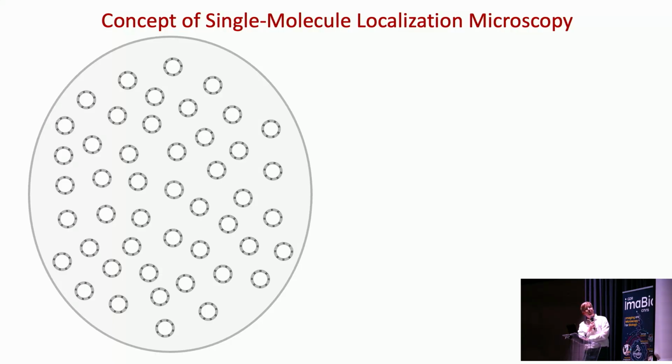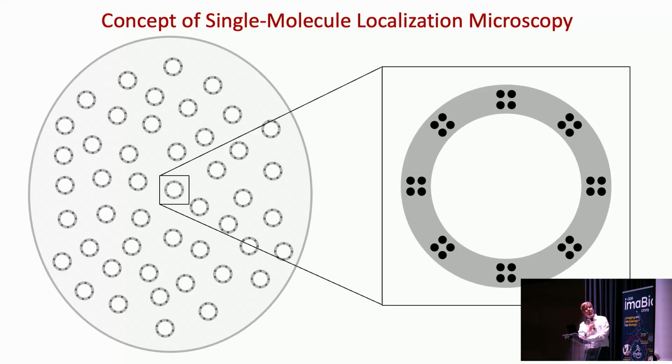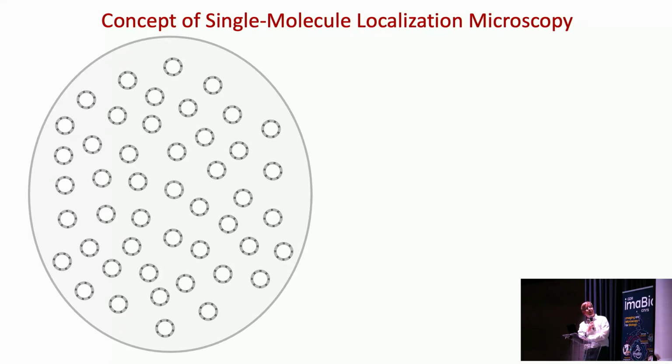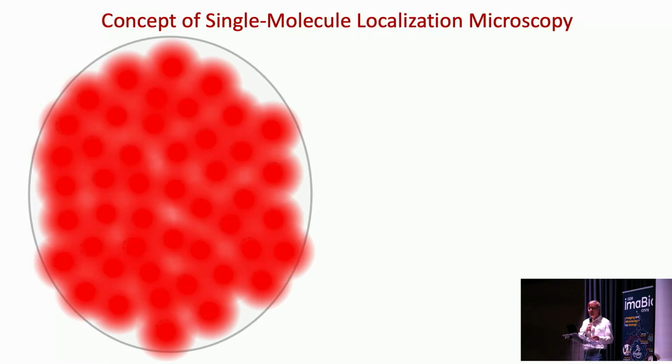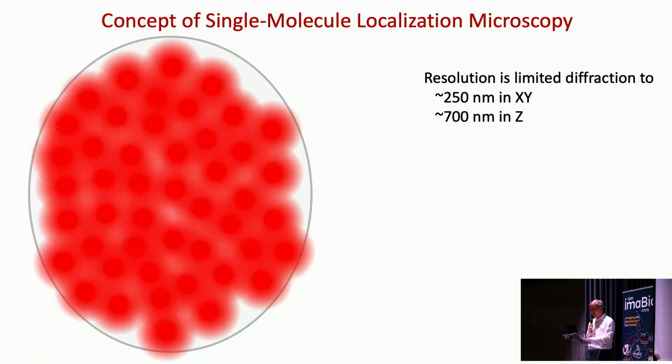If you image this with a diffraction limited microscope, each nuclear pore complex has 32 copies of this labeled nuclear pore complex protein. If you image them all at the same time, they blur into each other. And the reason is that the nuclear pore complex is about 100 nanometers in size, while the diffraction limited resolution is about 250 nanometers, right? So we don't have the resolution to resolve that.